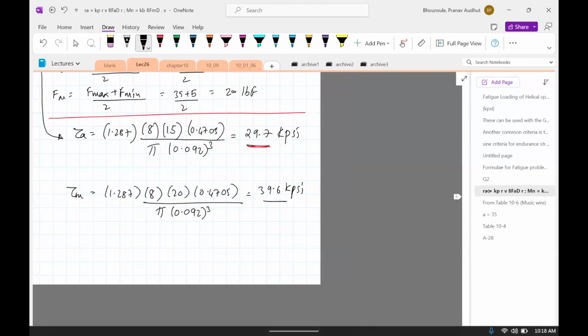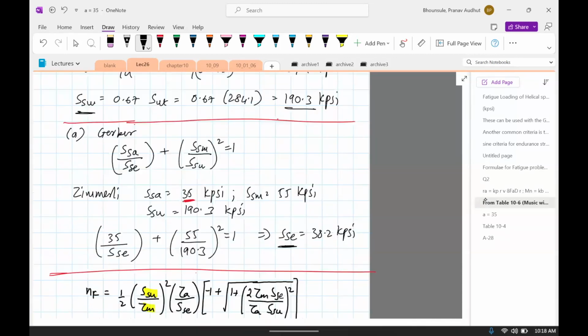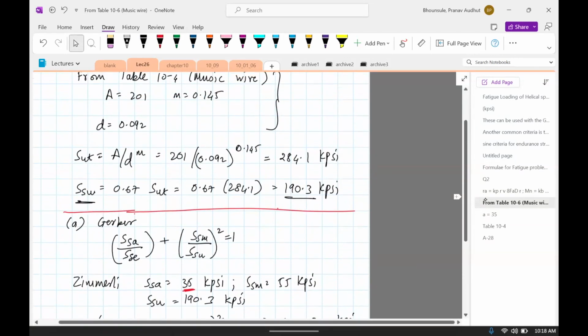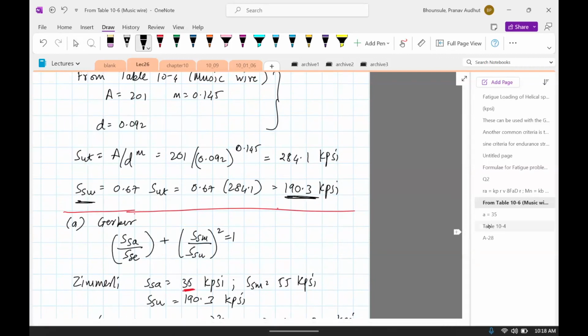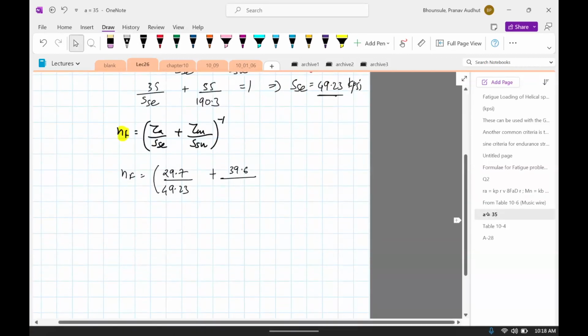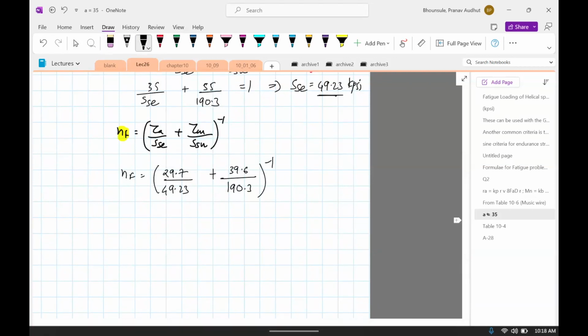We've computed that, I believe here. SSU 190.3. Minus 1. So NF is 1.23.